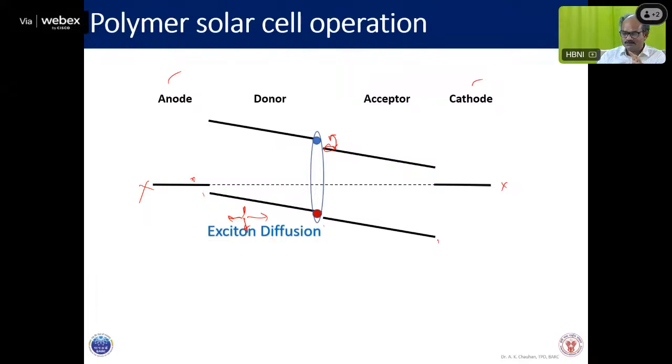Every system in this world tries to reduce energy and wants to stay in the minimum energy state. So this difference of energy will favor the electron and hole getting separated.